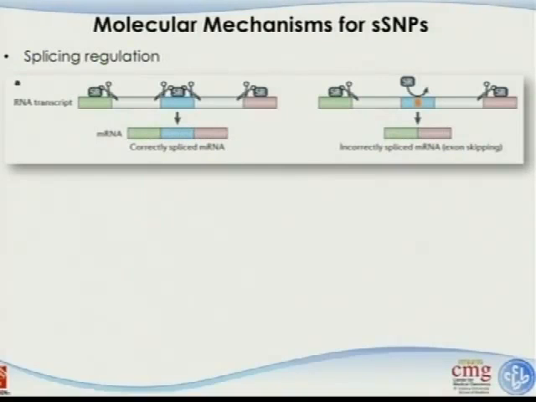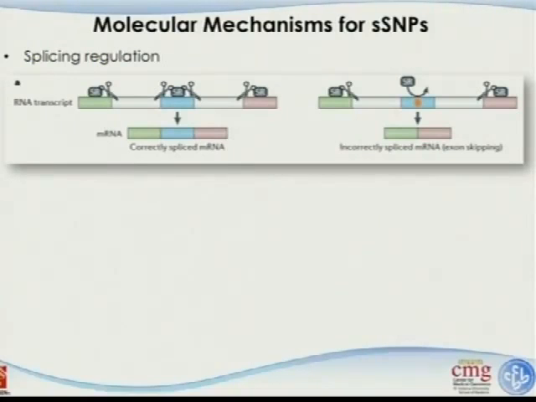There are multiple molecular mechanisms explaining why synonymous SNPs are important and why they can cause disease. The first one is splicing regulation. Here are three different exons and these are introns. We know that the intron part needs to be spliced out, and eventually the final protein product includes three different exons.